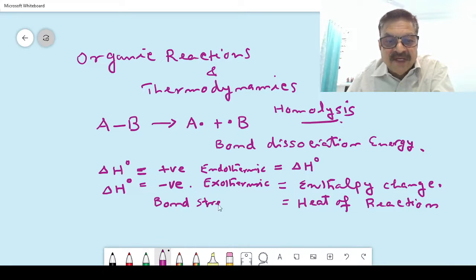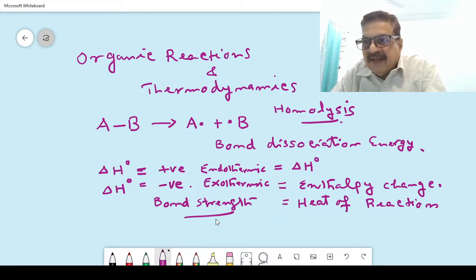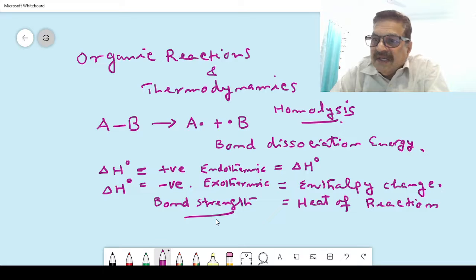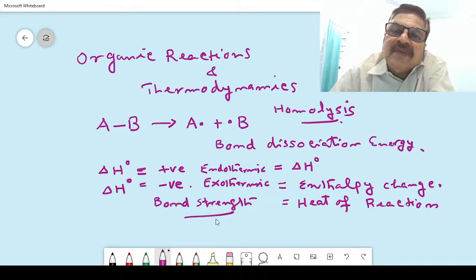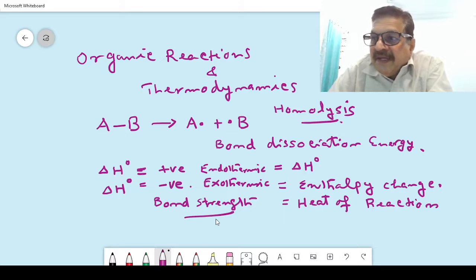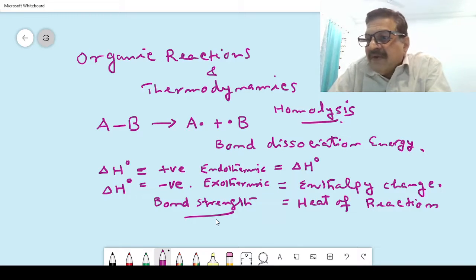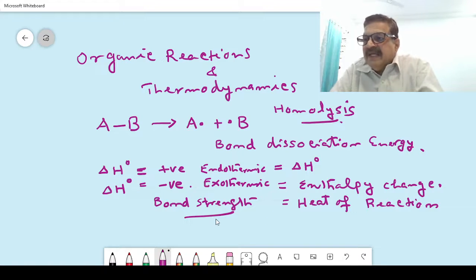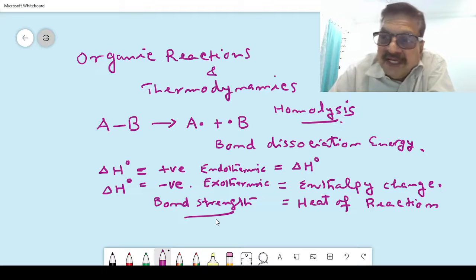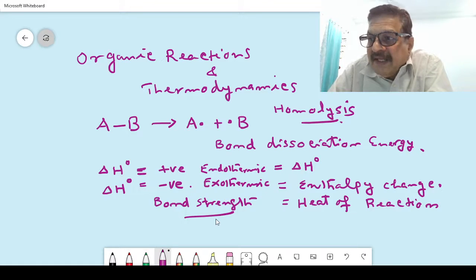That is, the stronger the bond, the more energy needed to break it. It is equivalent to comparing bond strength. The stronger the bond, the higher the energy needed, and the higher the bond dissociation energy.